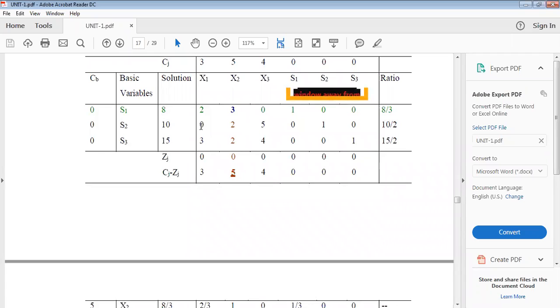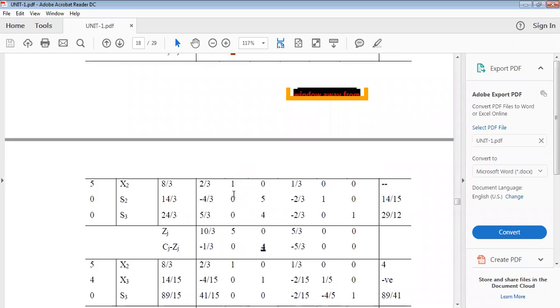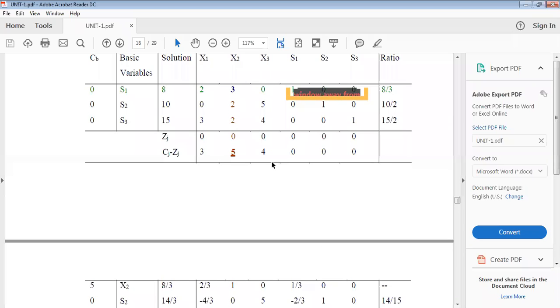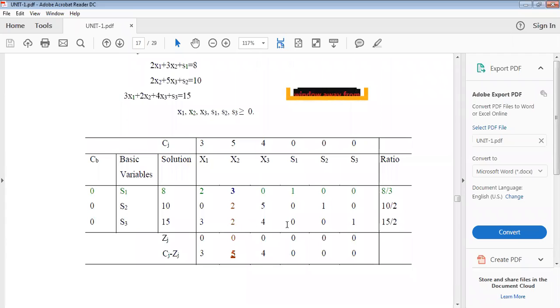So 0 minus this thing, with some coefficients, and similarly this also should be there. And here you have to write new R3 is equal to old R3 minus, with respect to this particular equation, you have to solve. Old R3 means this is old R3.